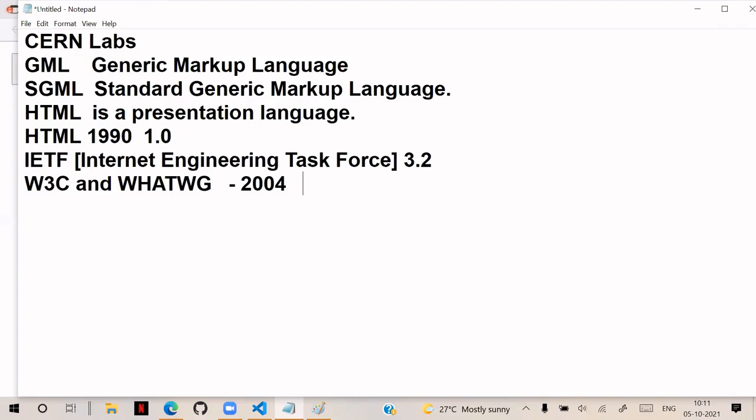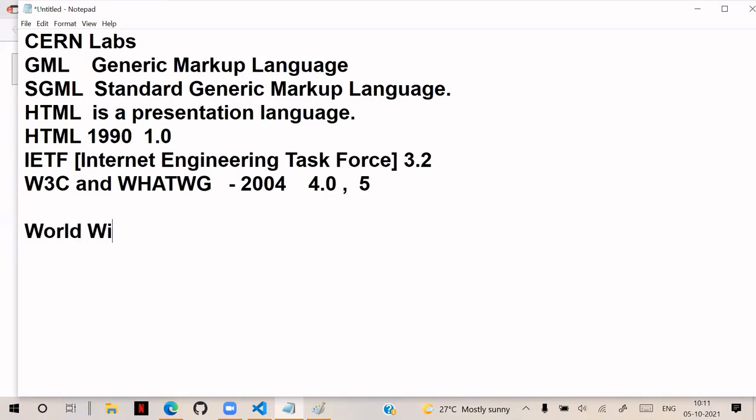For several years, they started version 4, and we used this version almost up to 2014. That means more than 10 years we used HTML4. After that, they released a new version, HTML5. HTML4 and HTML5 are all under the maintenance of these two groups.